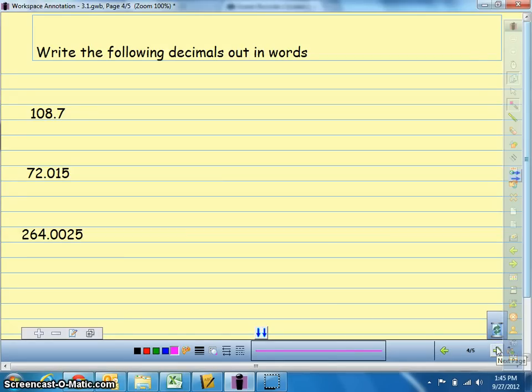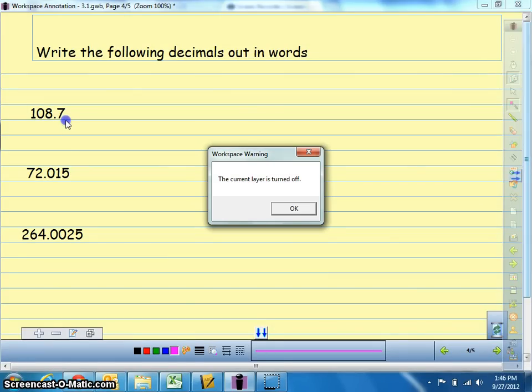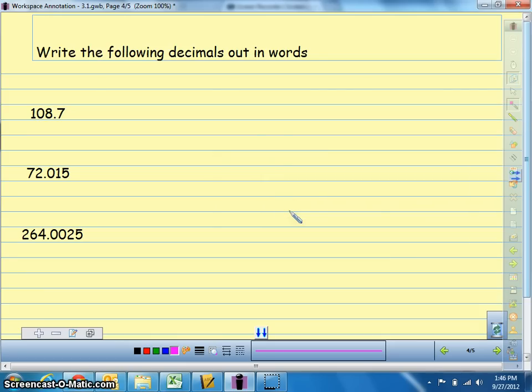Let's keep going. One thing that you're going to have to do is take it from a number and put it into words. And so when we do this, this is where we need to plug in that word "and" in the right spot and only use it that one time. So if we're looking at this number right here, we have 108.7.